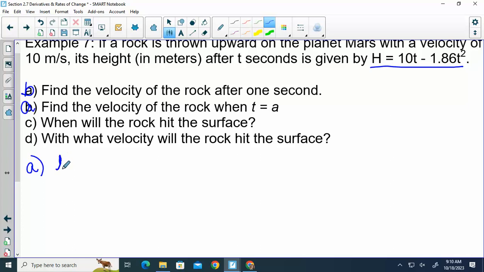I'm asking you to find the limit as h approaches 0, f of a plus h minus f of a all over h.